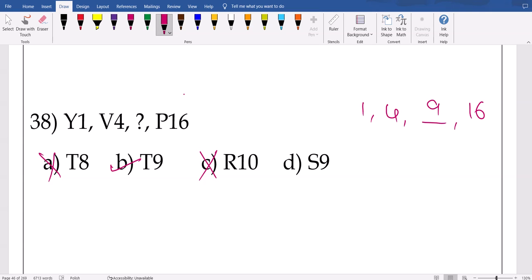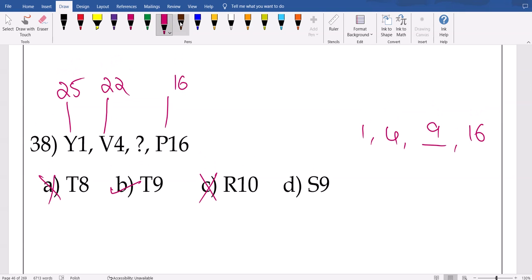So here Y 25, V 22, T is 16. Minus 3, whether it is R or T. Okay, if we go for T, minus 3, minus 2, minus 4.